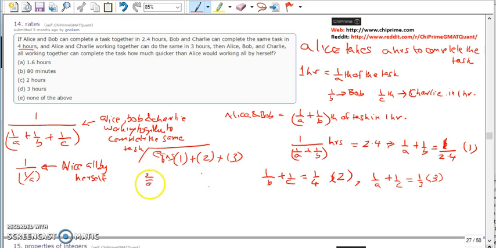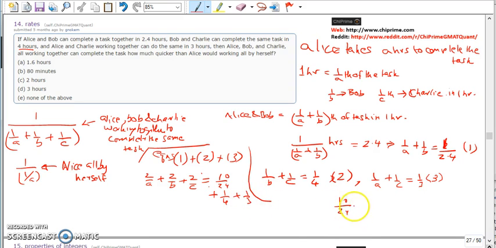So you get 2/A plus 2/B plus 2/C on the left, which is 1/2.4, that is 10/24, plus 1/4 plus 1/3.